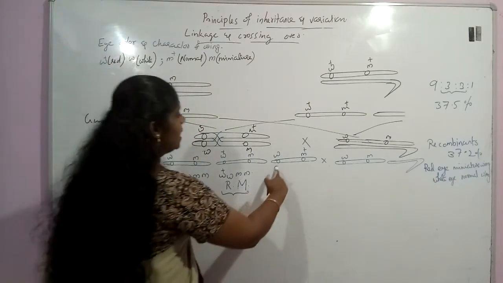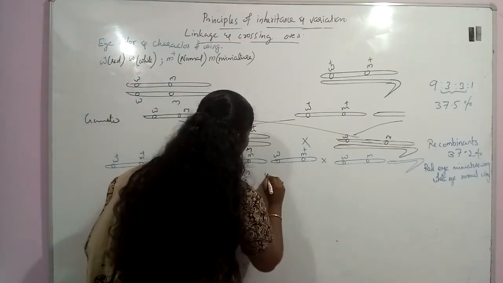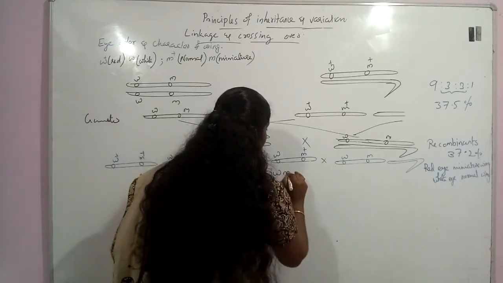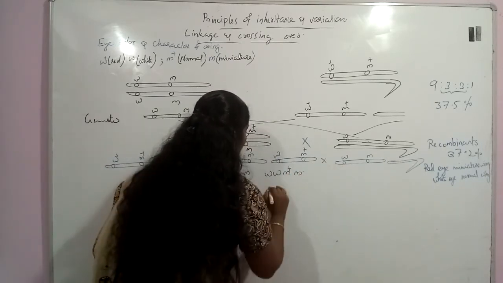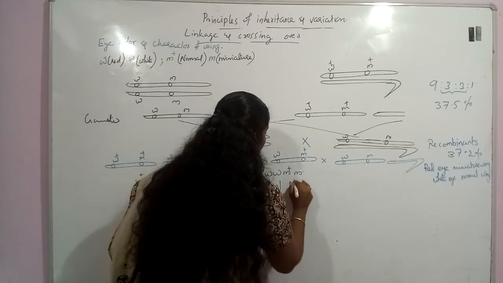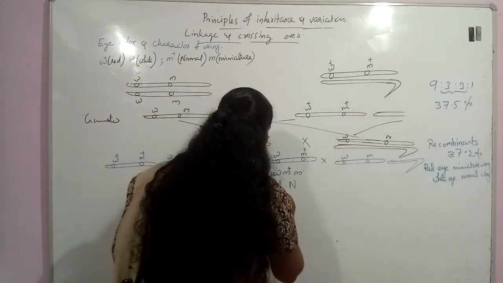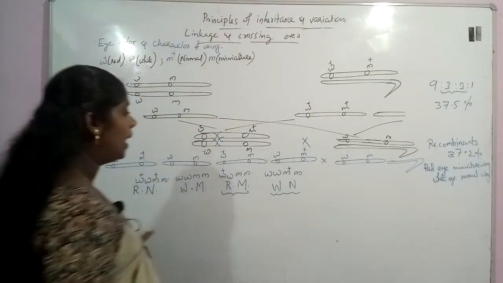And if we see this joined together, it will form a combination of W W M plus M. It shows white eye normal wing. See, white eye normal wing, that is a recombinant. So this is also a recombinant.